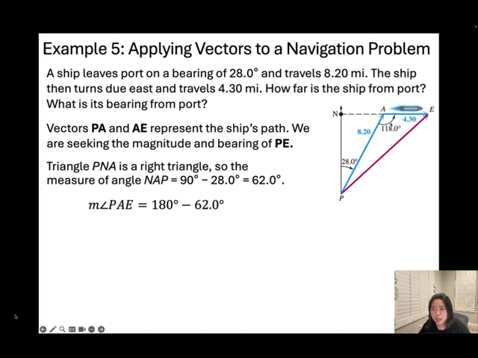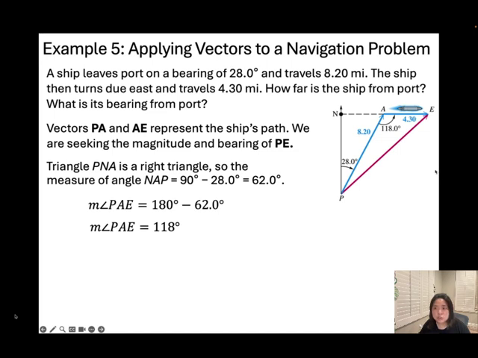This angle you have to find by yourself. You could look at the question, they never gave the angle PAE equal to 118 degrees. So what they do is find PAN, this angle, and then subtract from 180 to figure out 118 degrees here.